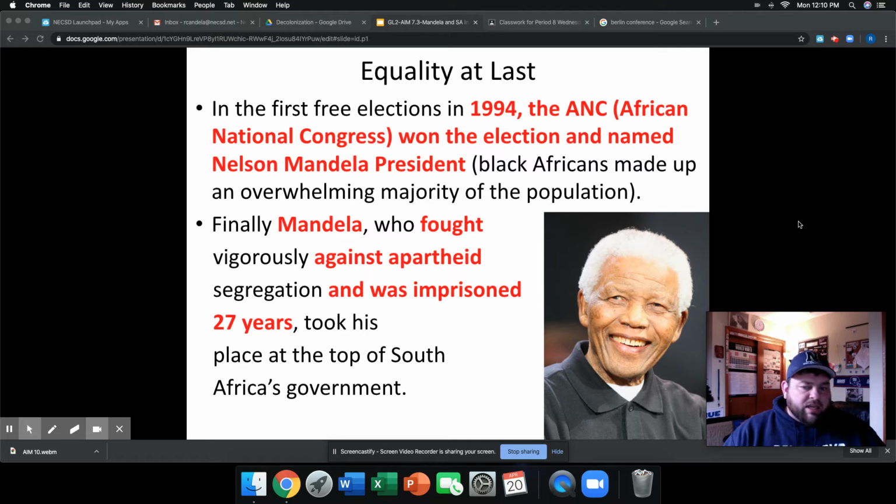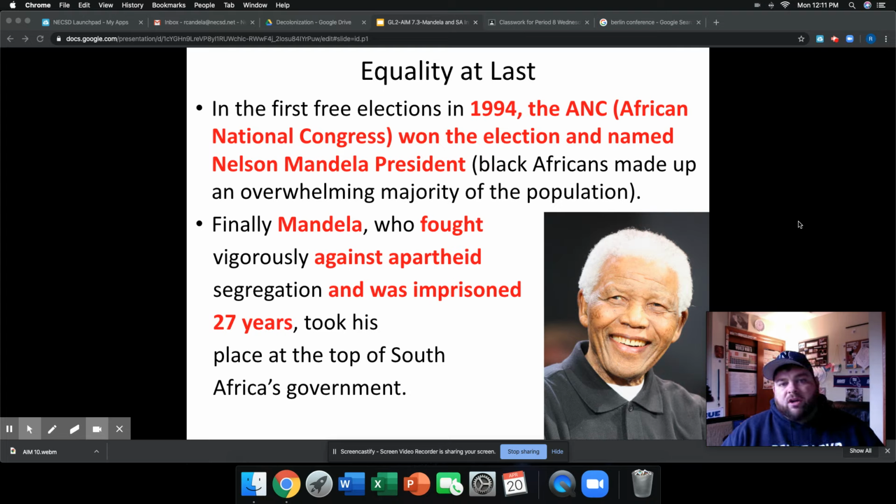And eventually, there's a movement behind getting him freed and out of prison, and a white South African leader named F.W. de Klerk, when he comes to head the South African government, starts to crumble to the public pressure of freeing Nelson Mandela and instituting national elections that are way more fair and democratic and include the native South Africans in the process.